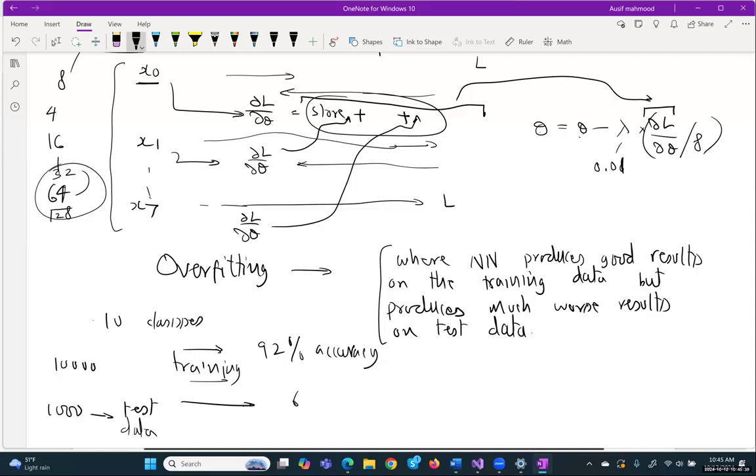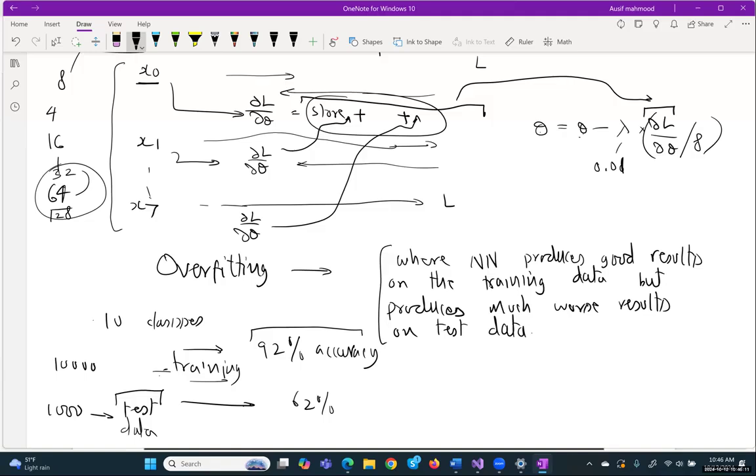Now if it produced 62% accuracy, that means the architecture we picked is too complex. It's overfitting the data. It's memorizing the training data, but it will do a poor job on the test data. So ideally, we want the test and training accuracies to be very close to each other.